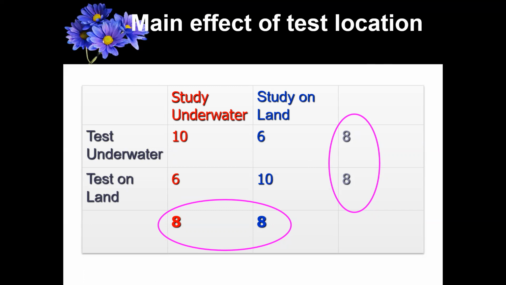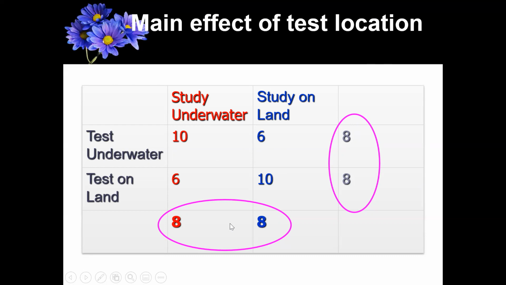Again, we can't really answer the question. So let's try the comparison we used before for the main effects. Is it better to study underwater or on land? Taking the mean of these two conditions gives us 8, right? Taking the mean of these two conditions also gives us 8, right? So is it better to study underwater or study on land?